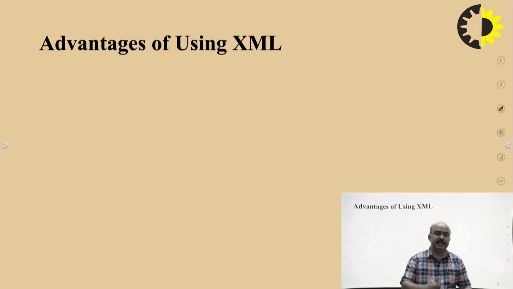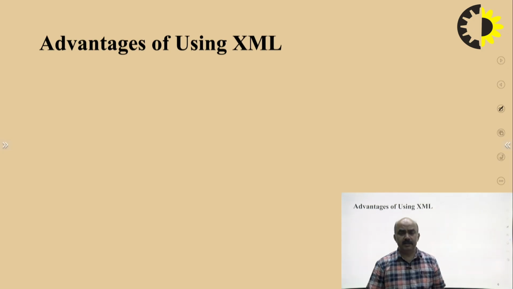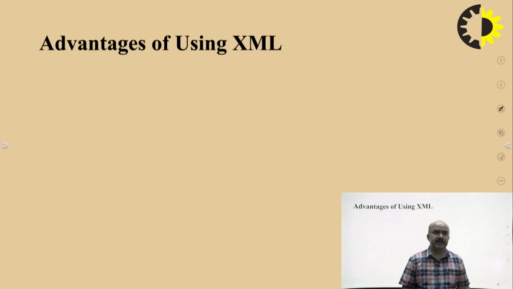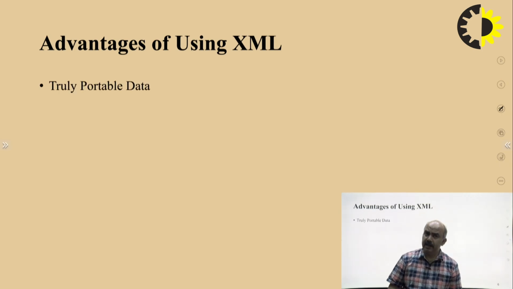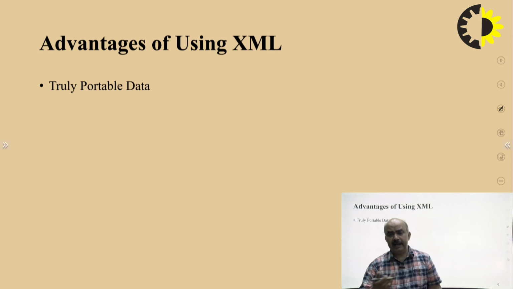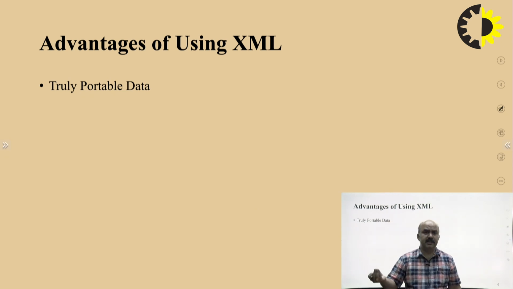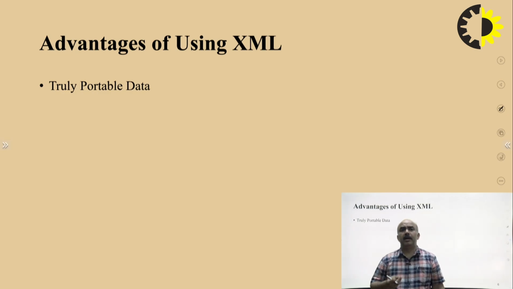So what are the various advantages of XML with respect to HTML? The first thing is truly portable data. It means you can create an XML file that can be used by any operating system, like the Windows operating system. It can be used in Ubuntu, Linux, and Mac operating systems.